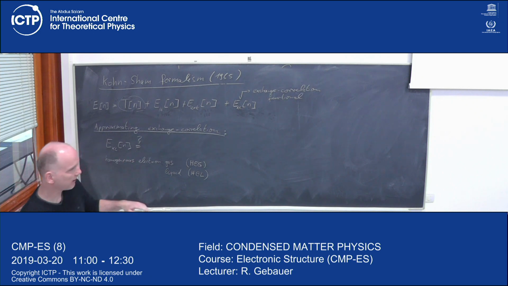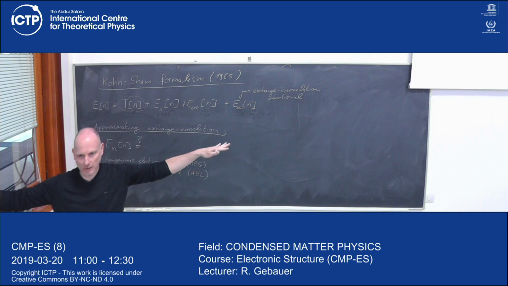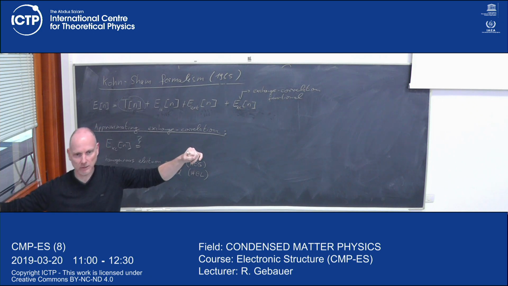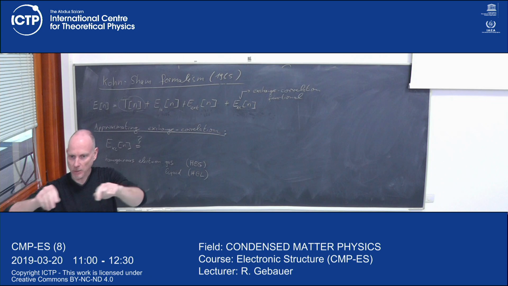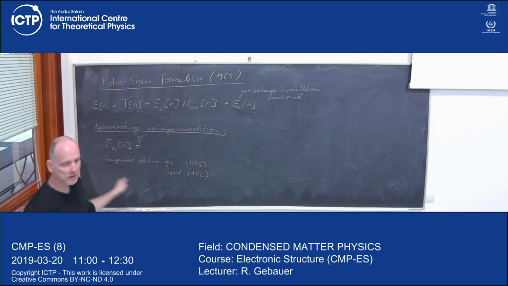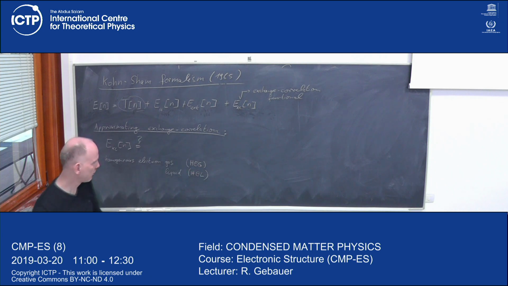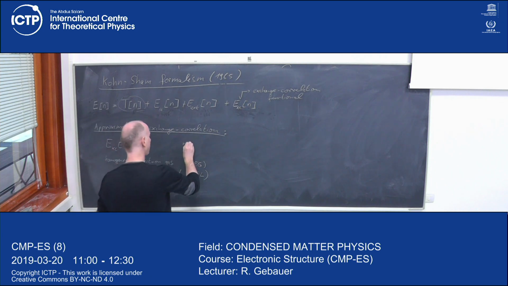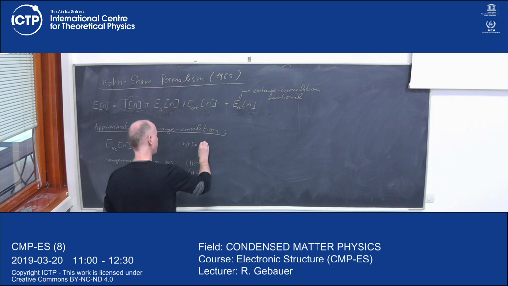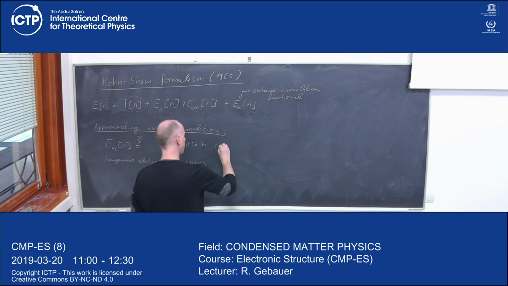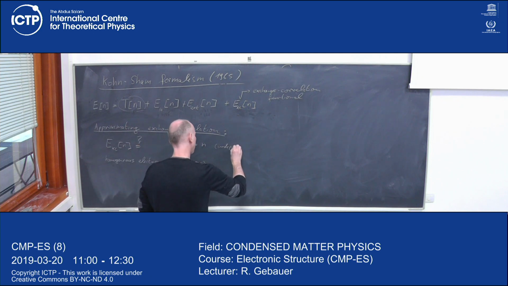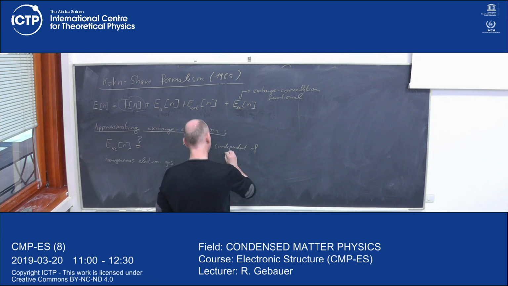Okay? It is the case where you have an infinite space, you put in electrons, and there is no structure to the electrons, it's homogeneous, it's everywhere in space the same charge density. So it's homogeneous in the sense that n of r is simply n, independent of r, of position.